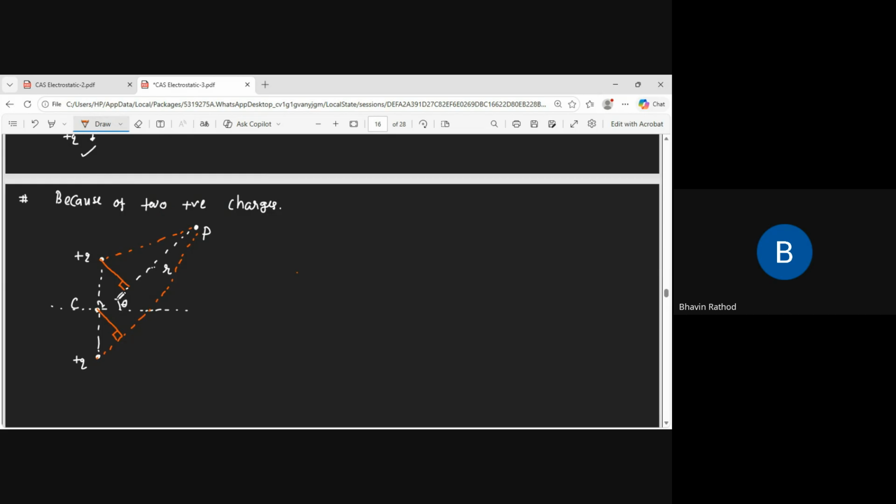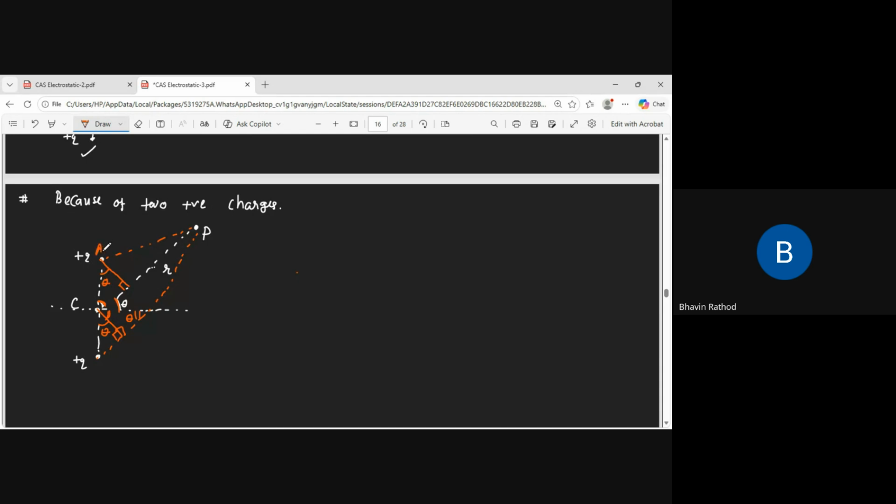If this angle is theta, then we can say that this angle is going to be 90 minus theta, and this angle is going to be theta. Similarly, if this angle is theta, then this angle is going to be theta, which means this angle will be 90 minus theta, and this angle will also be theta.